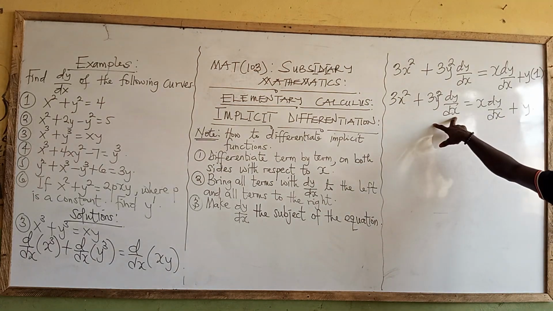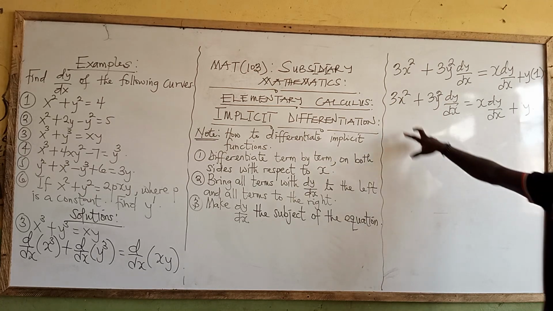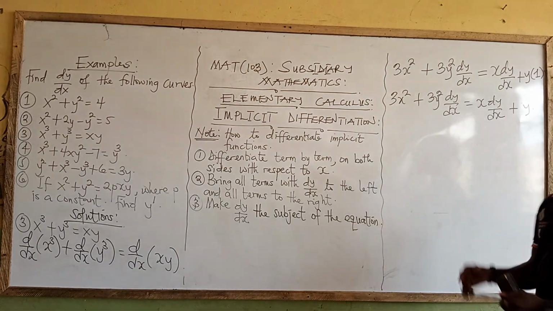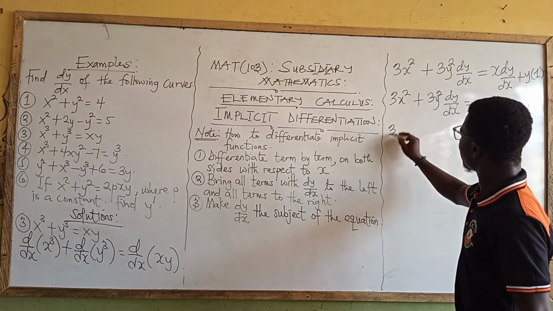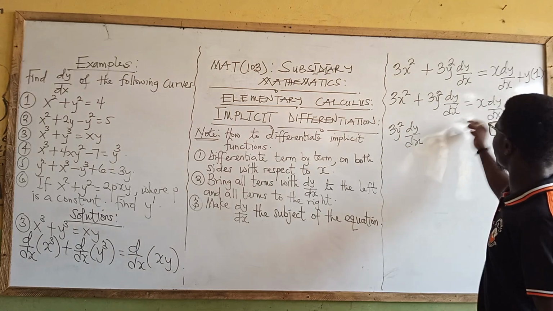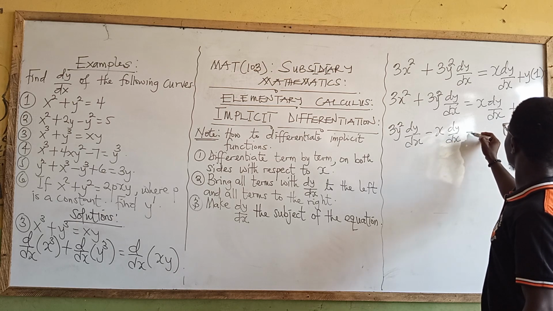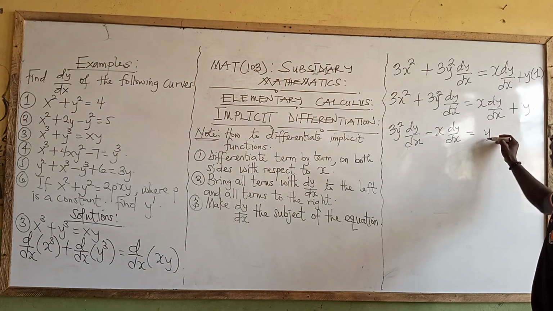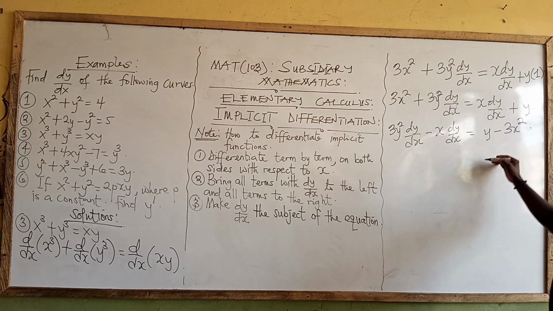Now we have dy over dx here and dy over dx here. I have to send this one to the left hand side and this one to the right hand side, because we want dy over dx. So I have 3y squared dy over dx, then minus x dy over dx equals y, then this one comes across, minus 3x squared.